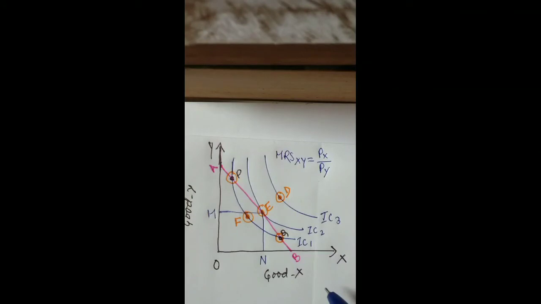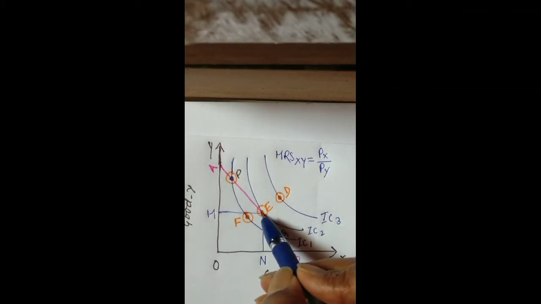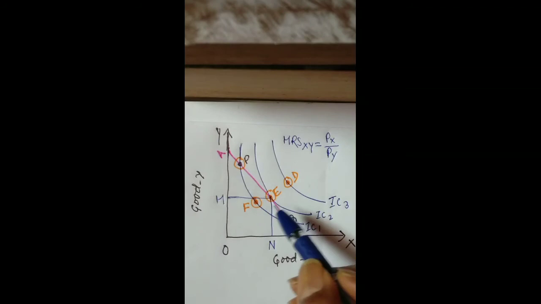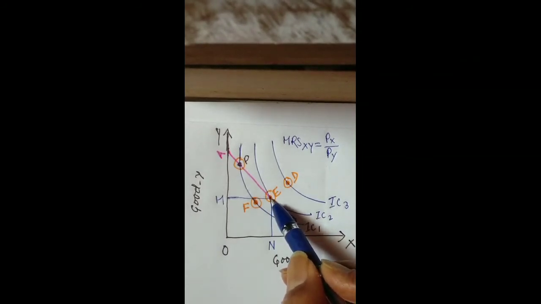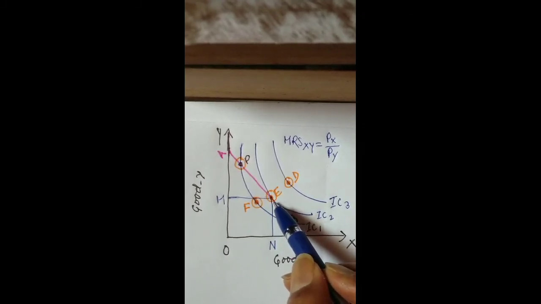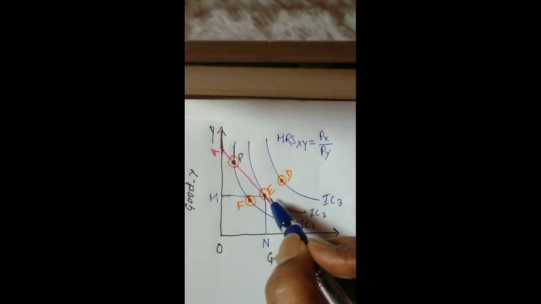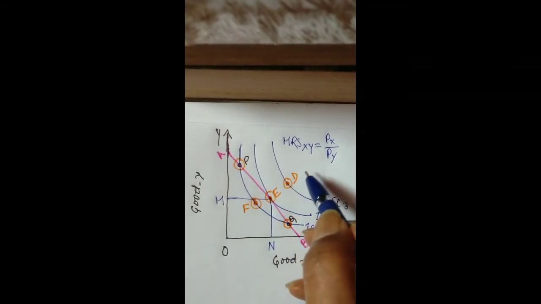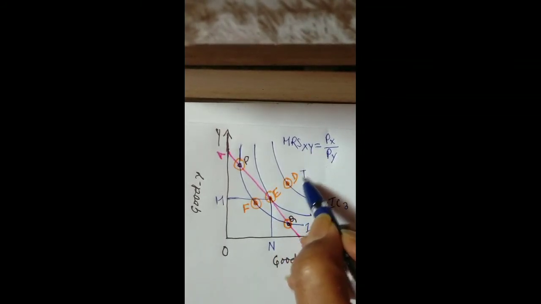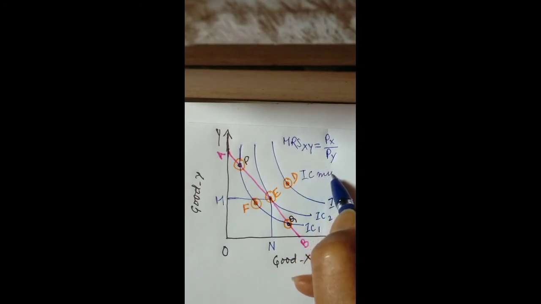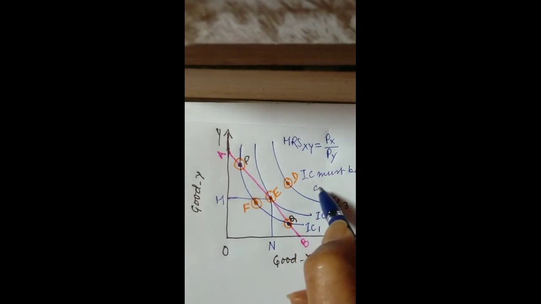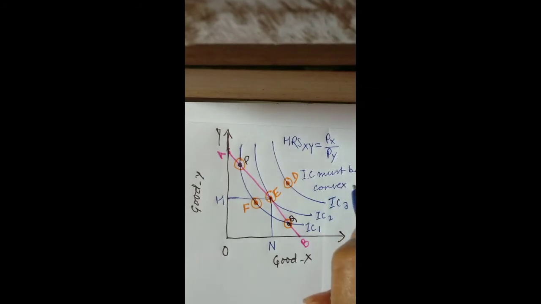And the consumer will get maximum satisfaction at point E. At the same time, the indifference curve is convex to the origin at the point of tangency. It enables the consumer to attain stable equilibrium. So our second condition is also fulfilled here, which says that IC must be convex to the origin.